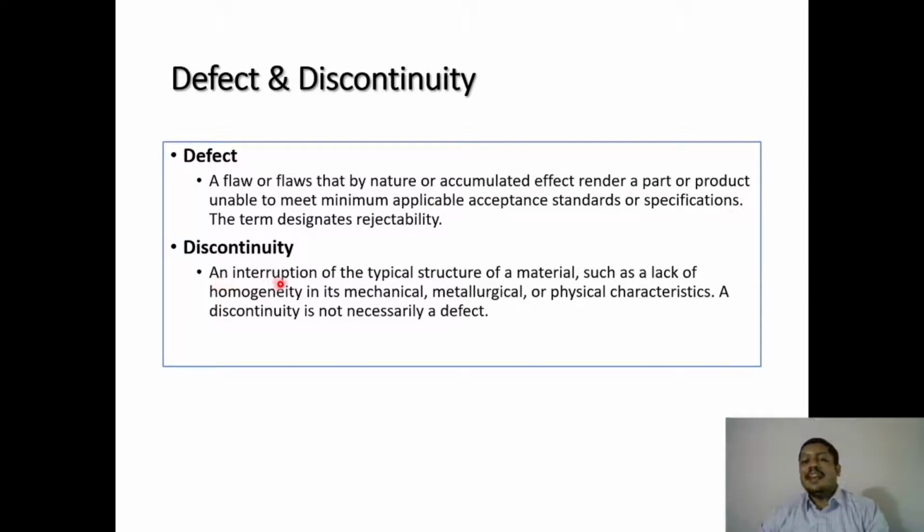Discontinuity is an interruption of the typical structure of a material, such as lack of homogeneity in its mechanical, metallurgical or physical characteristics. A discontinuity is not necessarily a defect. Normally we call it discontinuity in the welding, and all discontinuities are not rejectable flaws.